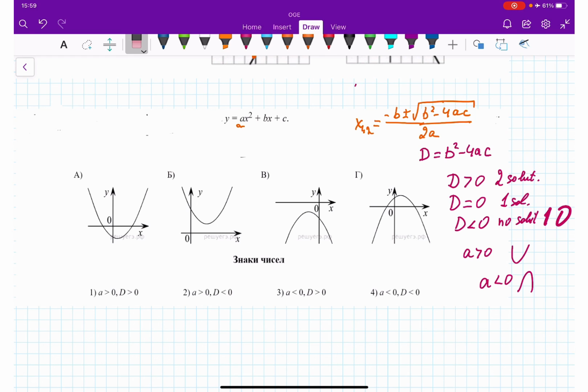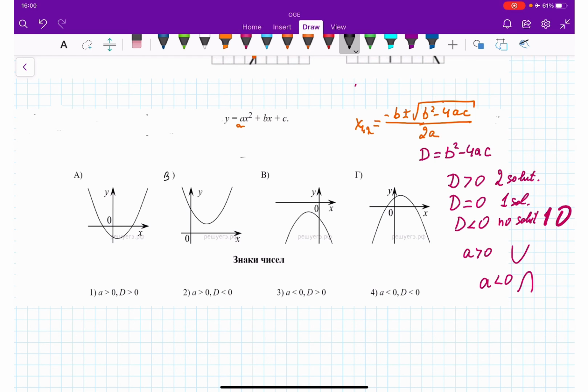Before I start matching up, the easiest way is to identify A, B, C, D, each one, which combination it belongs to. Let me change it. I have here written in Russian language because I'm running a Russian channel also.